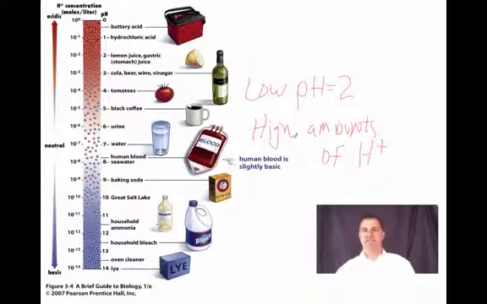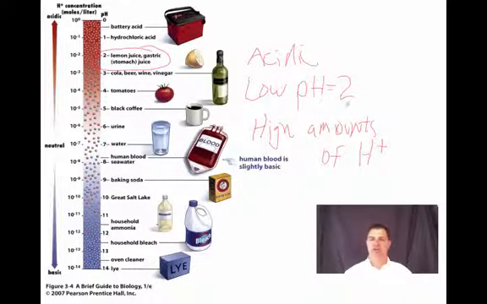It means it's very acidic. So something that's low in pH is acidic, such as lemon juice. Low pH, 2, means high amounts of hydrogen ions.